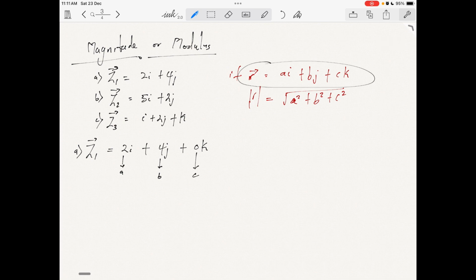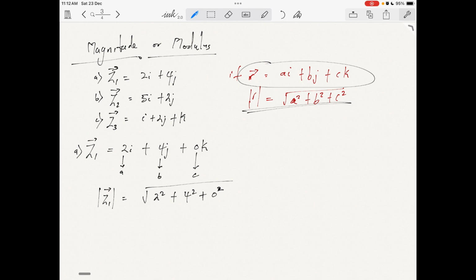So our modulus of vector z1 will be equal to the square root of a squared, and since a is equal to 2, that gives us 2 squared, following the formula, plus b squared, which is 4 squared, plus c squared, which is 0 squared.